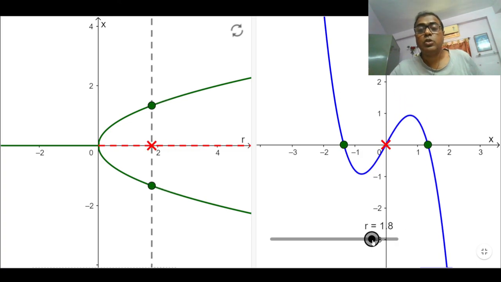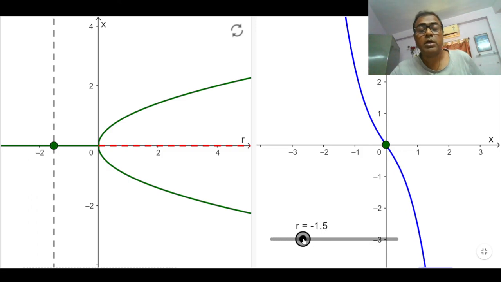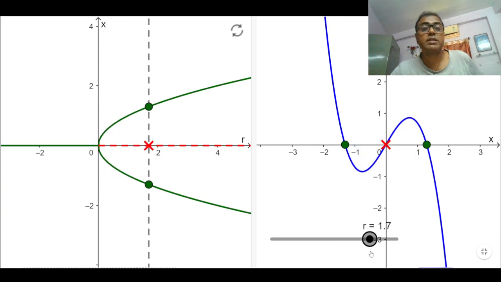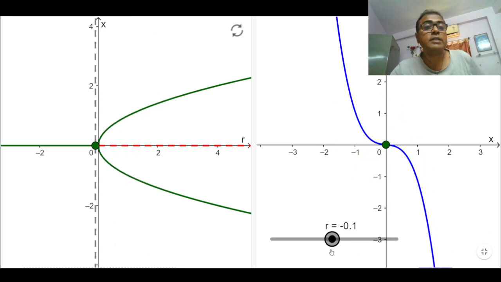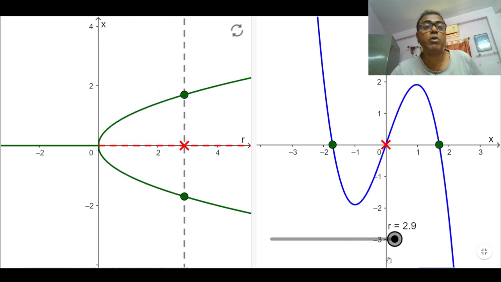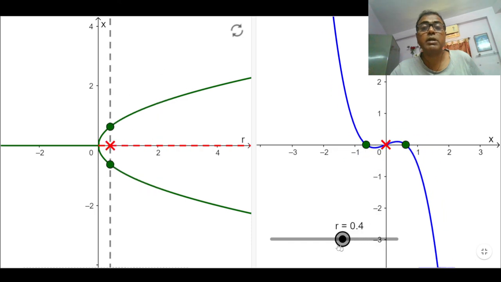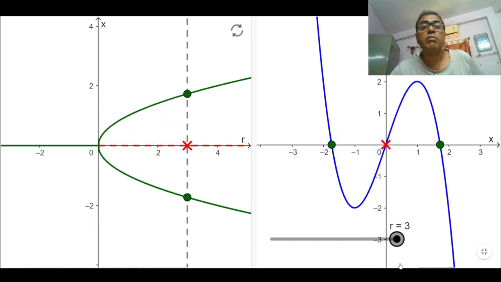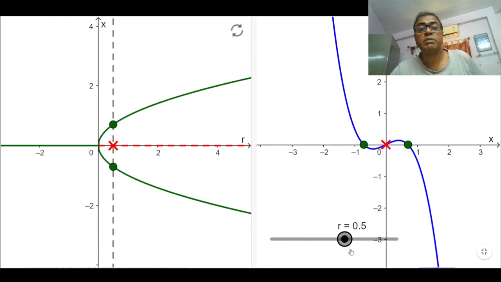This bifurcation is the supercritical pitchfork bifurcation. This bifurcation looks like a pitchfork, so we can say this type of bifurcation is called pitchfork bifurcation, supercritical bifurcation.